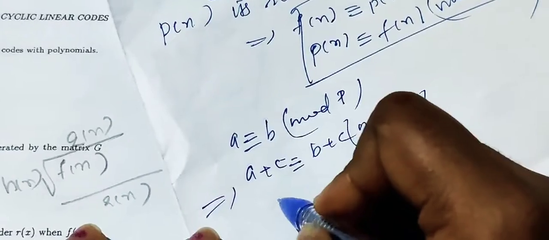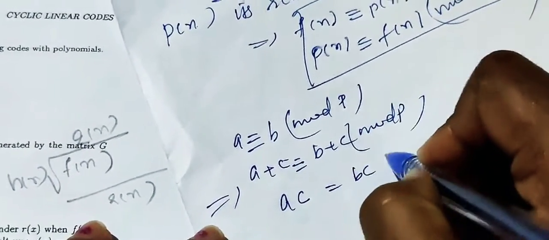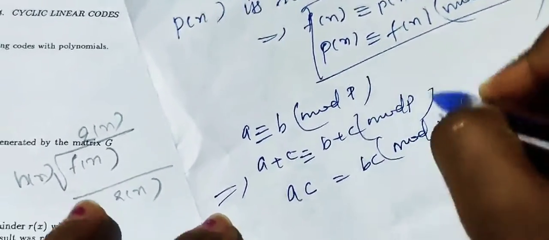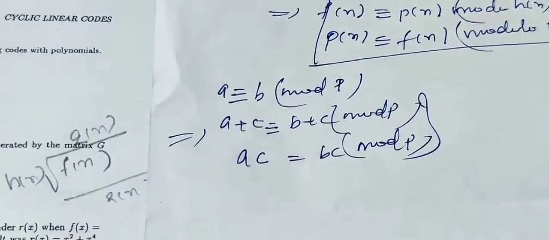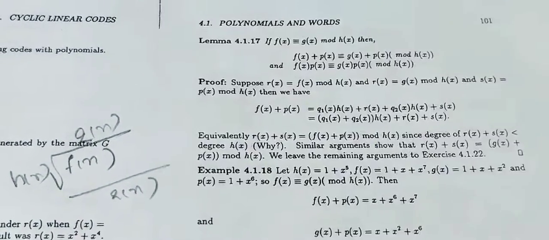Similarly, a into c is congruent to b into c mod p. So these are the two properties of congruency. Okay, so same as this one.